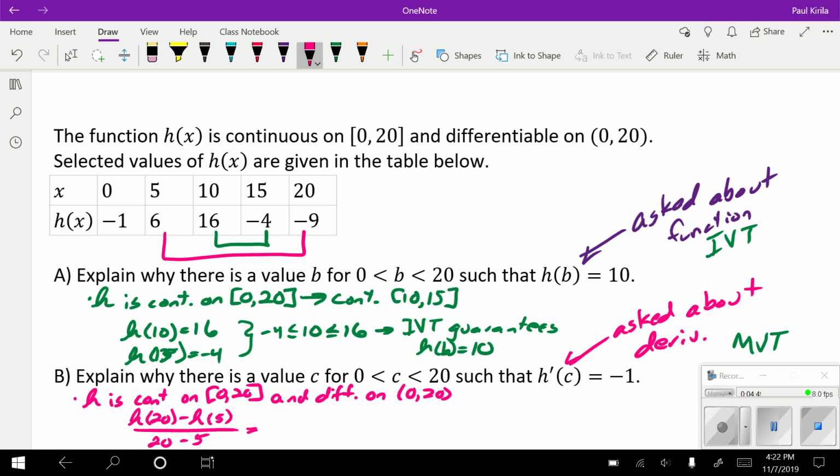Well, that's equal to -9 minus 6 over 20 minus 5, which is -15 over 15, which is -1. So the MVT guarantees that h prime of c will have to equal -1 somewhere between 5 and 20, which means it's also somewhere between 0 and 20.